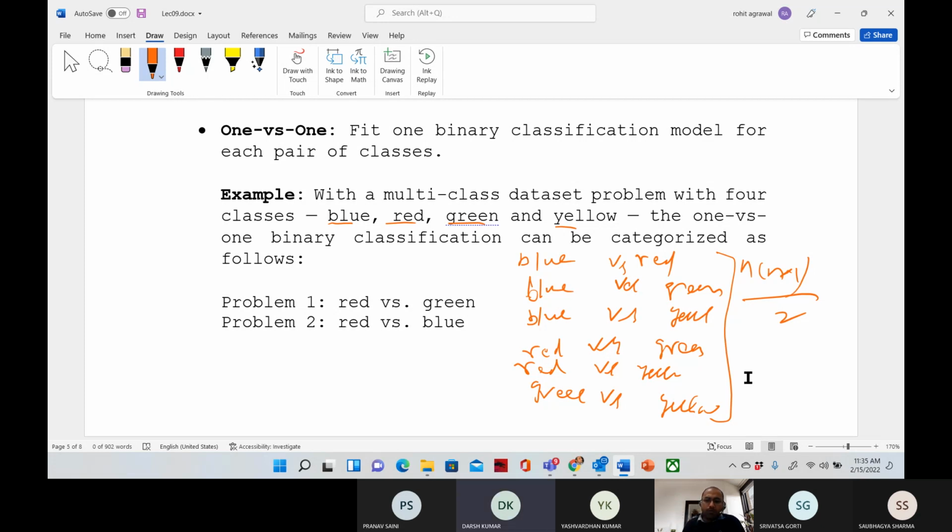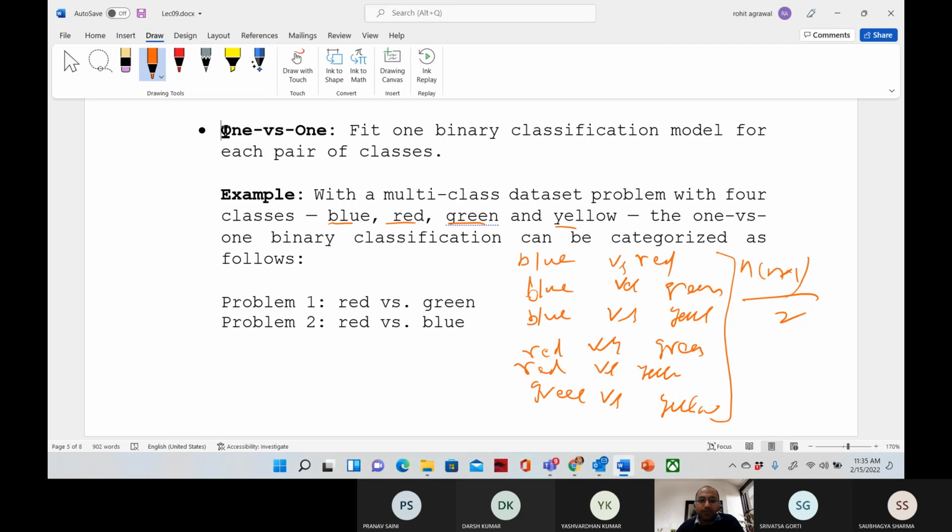Sir, can you repeat your question? We are doing one versus one binary classification. Suppose we have 4 classes: red, blue, green, yellow, and we are following one versus one binary classification.